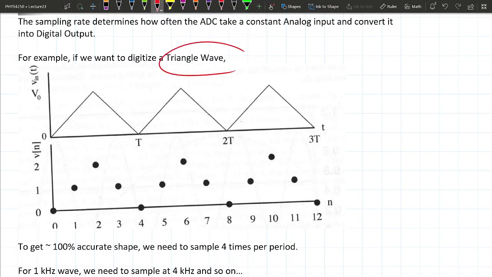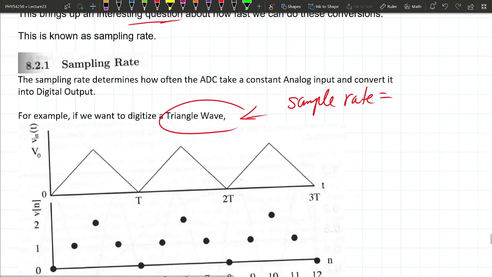So for a triangular wave, right, we want the sampling rate equal to, how should it compare to the period? I'm going to give you a hint and write T in a certain place. Do you want the sampling rate to be longer than the period or shorter than the period? Shorter, right?